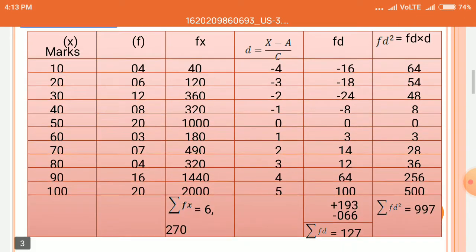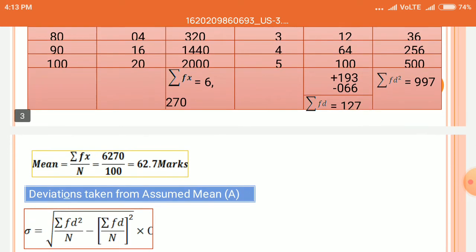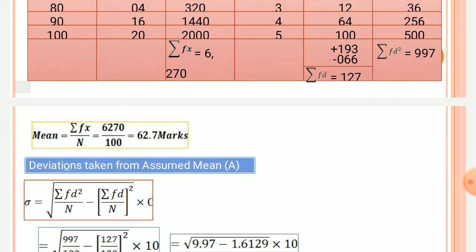Assumed mean. So when assumed mean is used to take deviations, then apply the formula. Standard deviation sigma is equal to root of sigma fd square by n minus sigma fd by n whole square into c.